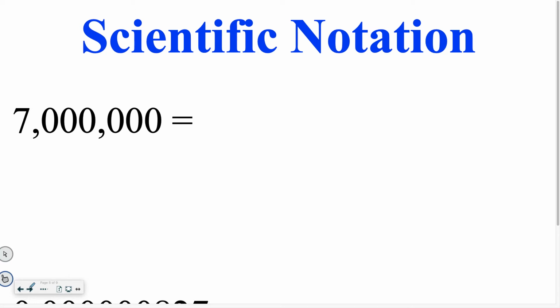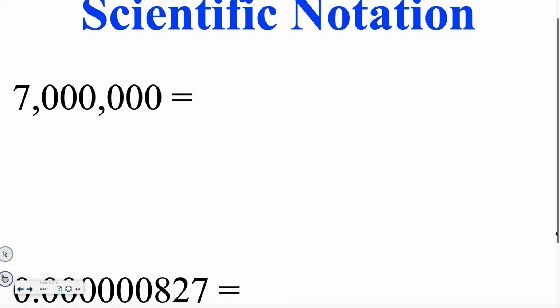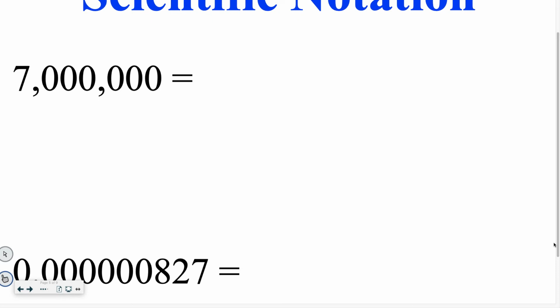Now let's practice going the other way. All right, so this is a big number, right? It's not a decimal. It's not a little decimal. It's just a big number. It's 7 million. Here's my decimal. I need this decimal to end up right there after my 7. So I need it to say 7.0 or just 7.